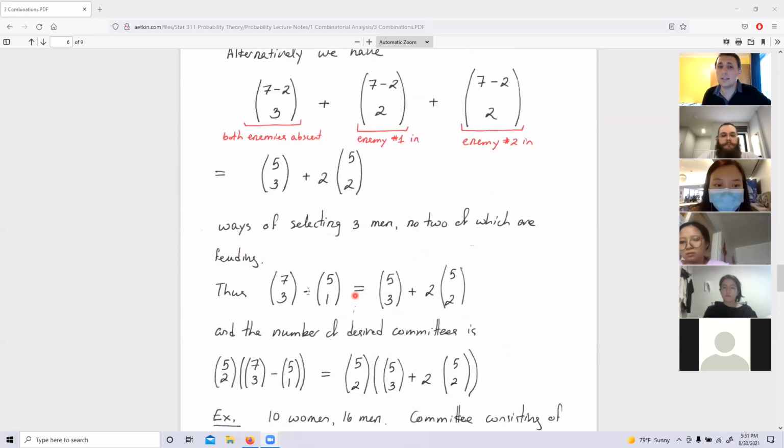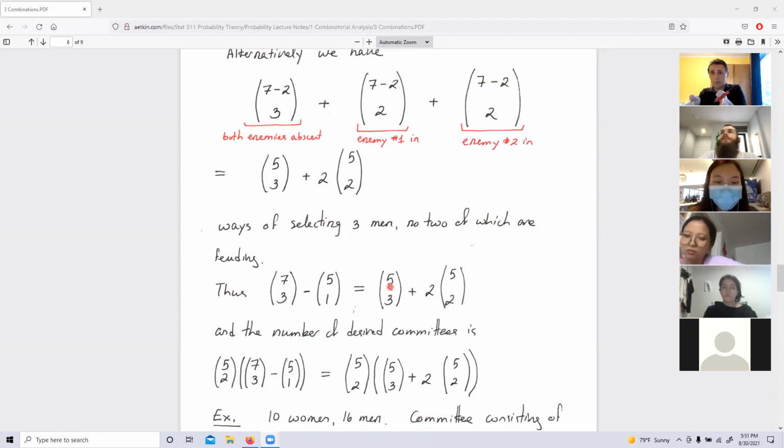So I also see this nice identity that 7 choose 3 minus 5 choose 1 is the same as 5 choose 3 plus 2 times 5 choose 2. So this is where I exclude from the combinations of men the situation where both enemies are together. And here I just separately count documents where the enemies are not in.